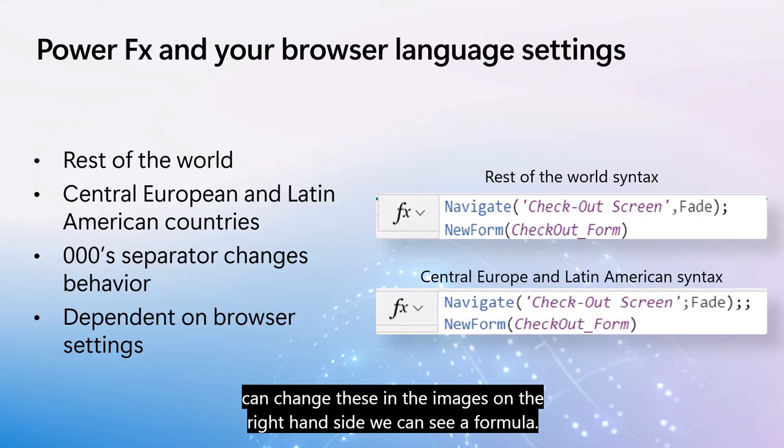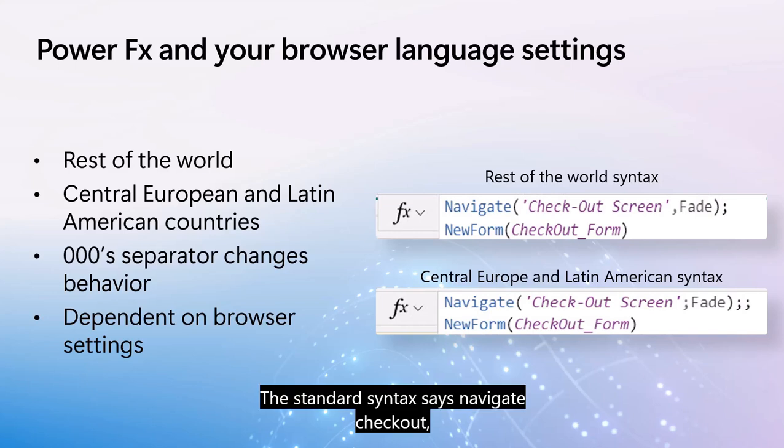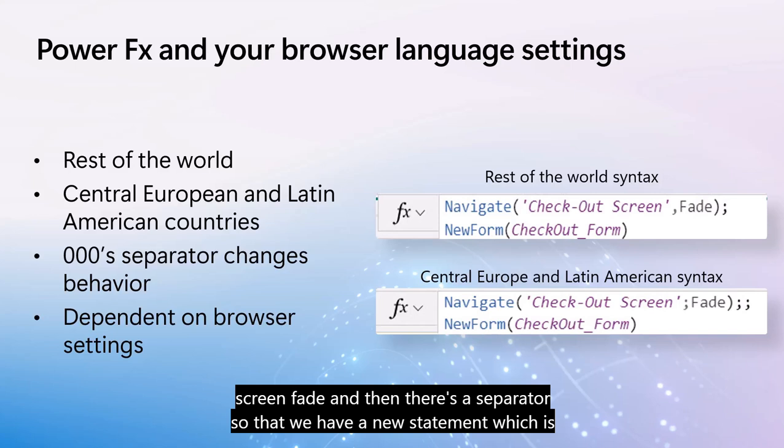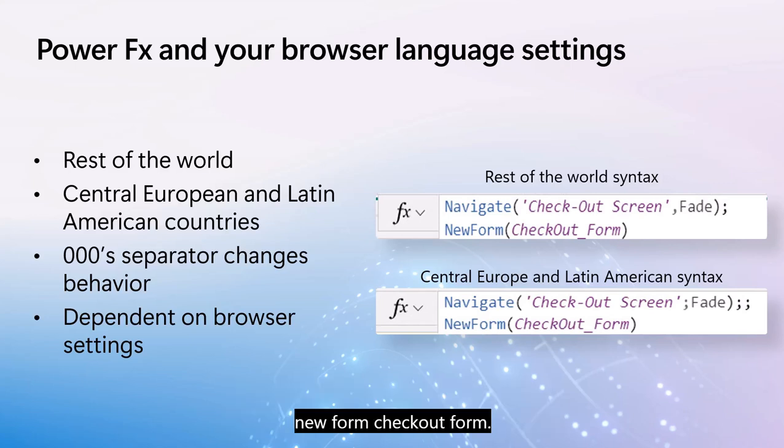In the images on the right hand side, we can see a formula. The standard syntax says navigate, checkout screen, comma, fade, and then there's a separator so that we have a new statement, which is new form, checkout form.